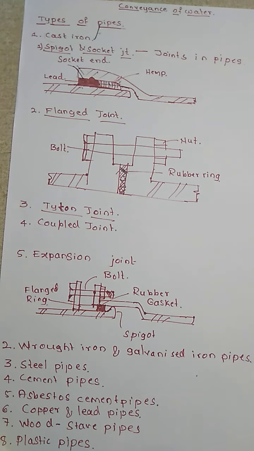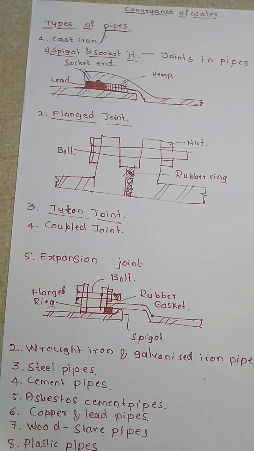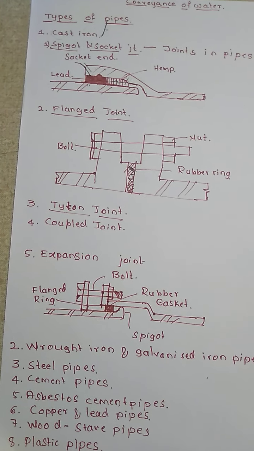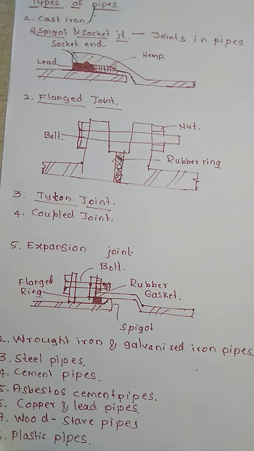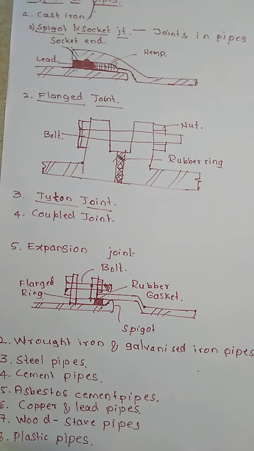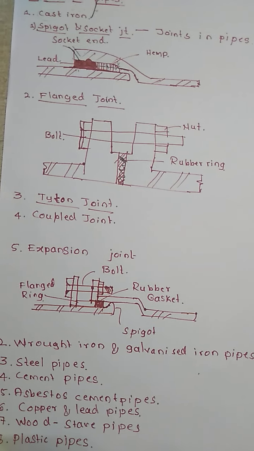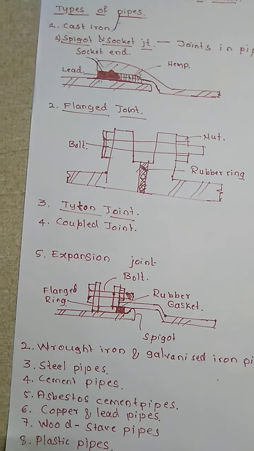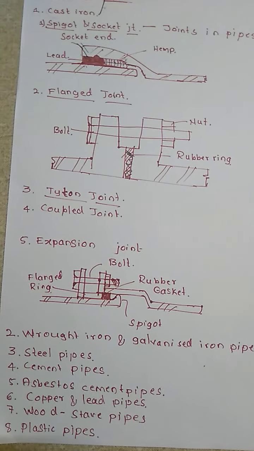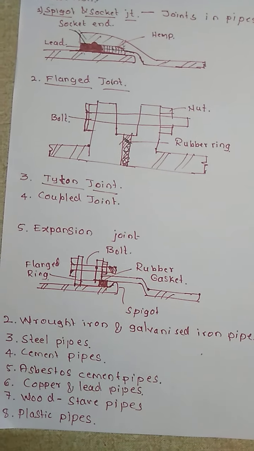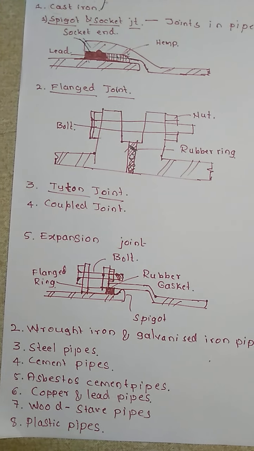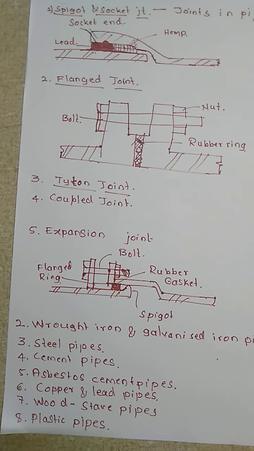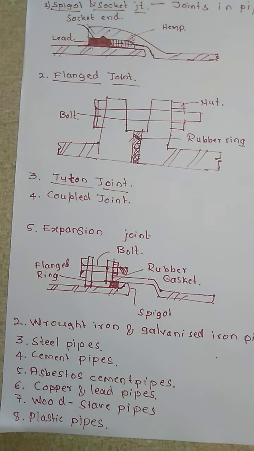These plastic pipes and tubes are manufactured from a number of different polymerization products, such as polythene, polypropylene, polyvinyl chloride, or cellulose acetate butyrate. These are different types of materials we use. In India we normally use PVC pipes.